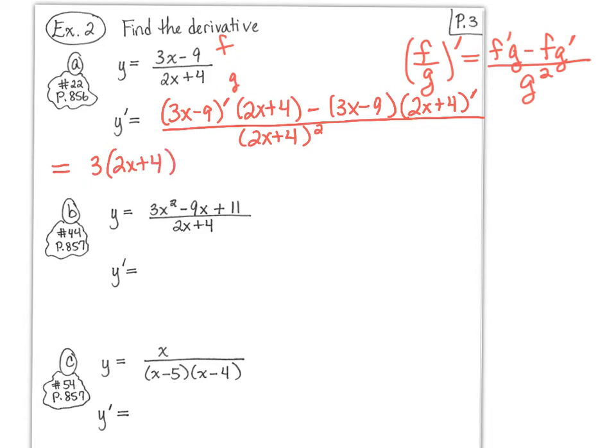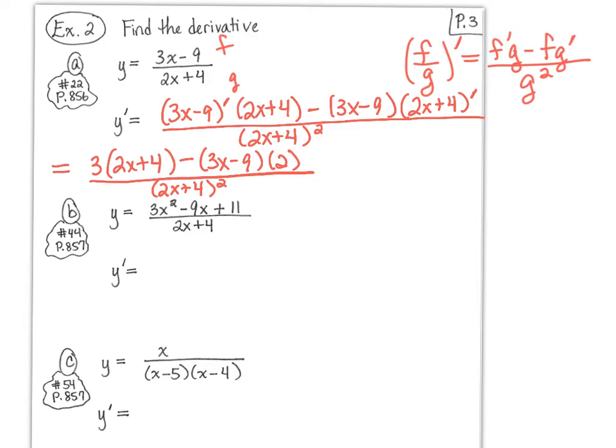Minus the quantity of 3x minus, times 2. Good, very good. All over the quantity 2x plus 4 squared. You don't have to expand that. You can leave it as it is.